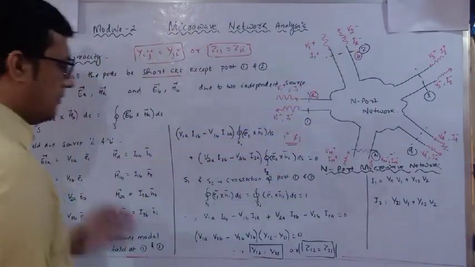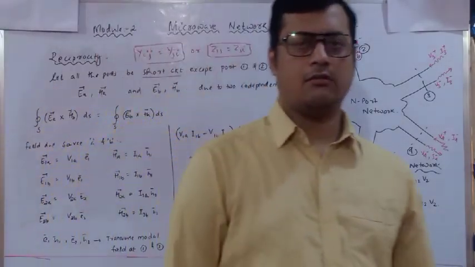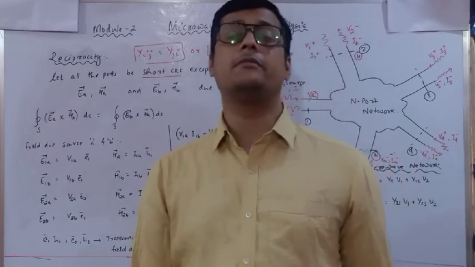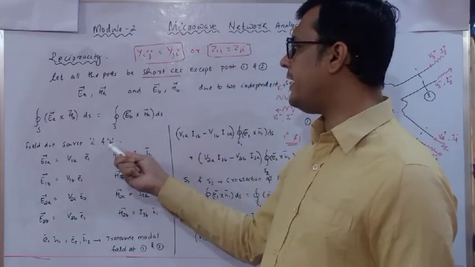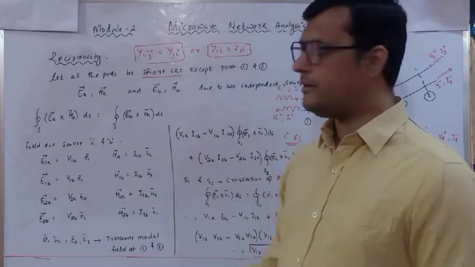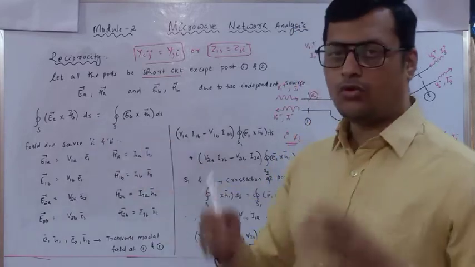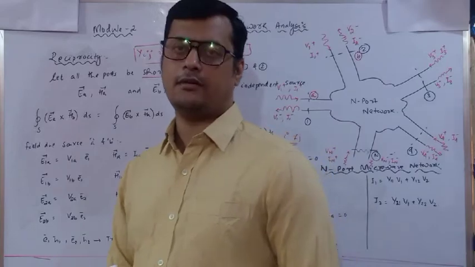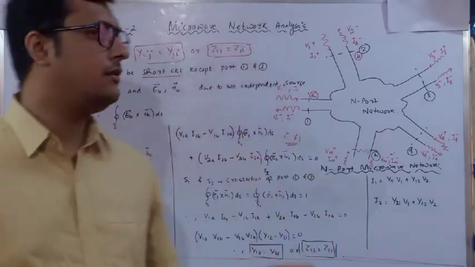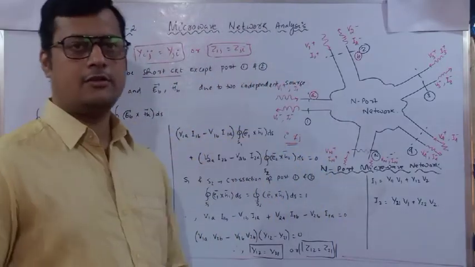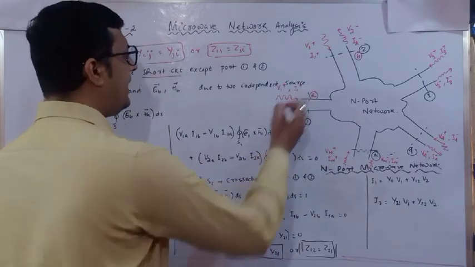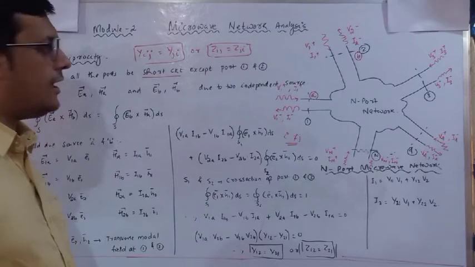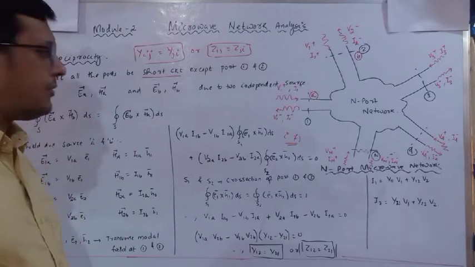Now with respect to the sources, what are the possible combinations of fields we can generate? Before that, we need to see the total power we are going to deliver. The total power is delivered through this cross section, A and B, where A is the incident potential and B is the reflected potential.